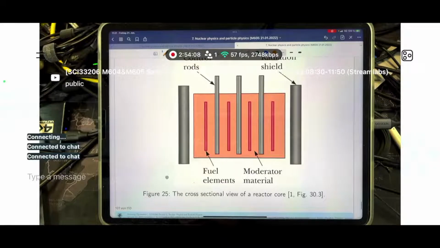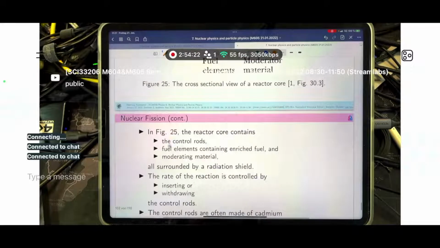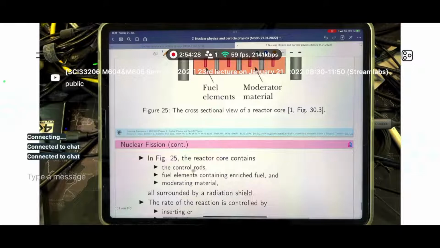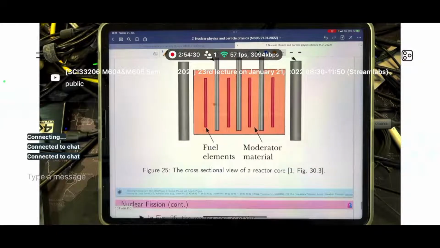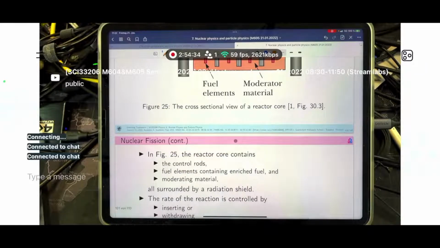Yes, this reactor has the controller. Okay, if you want to make the fission more, you need to have fewer controllers. The reactor core contains the controllers, this one. Okay, the fuel elements, the red ones, contain uranium-235, and moderating material.